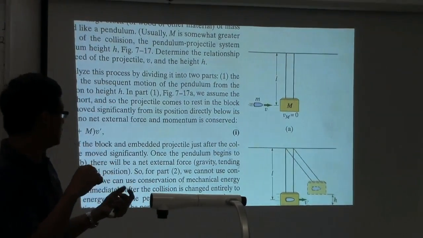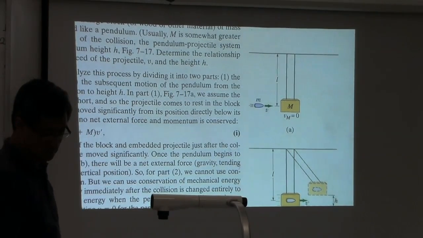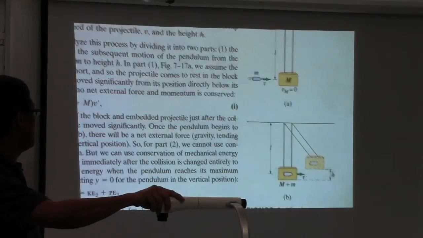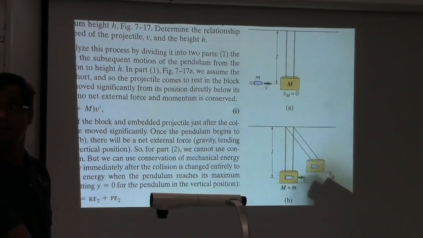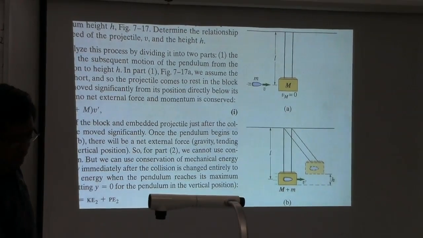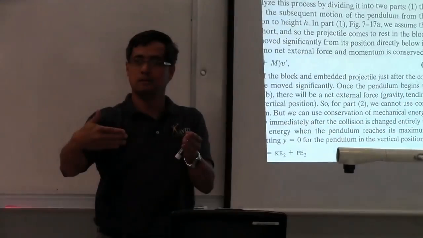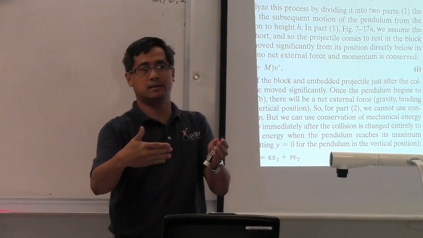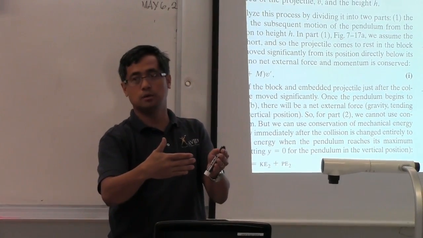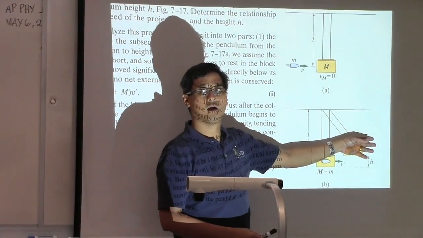Does it pass through? It gets stuck inside the block of wood, as you could see in the bottom picture. And then the wood starts to move with the bullet inside. Since it's tied, it goes up to a certain height.